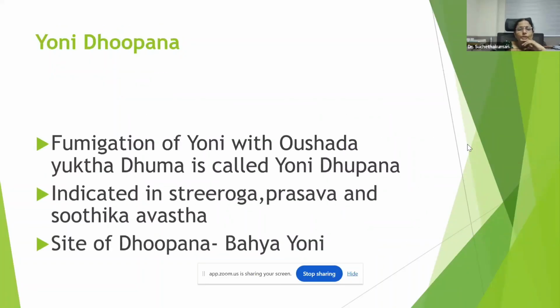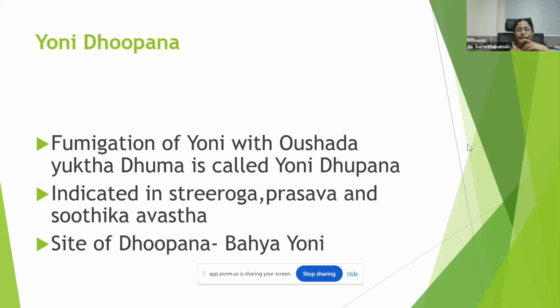Next is the yoni dhupana. Here it is the fumigation of the yoni with the aushadha yukta dhuma, and it is usually indicated in Streeroga conditions and also in the prasava avastha, wherein if there is aparasanga etc., you have to give the yoni dhupana, and it is a routine procedure in the sutika paricharya.